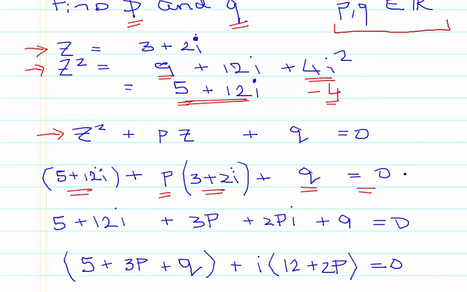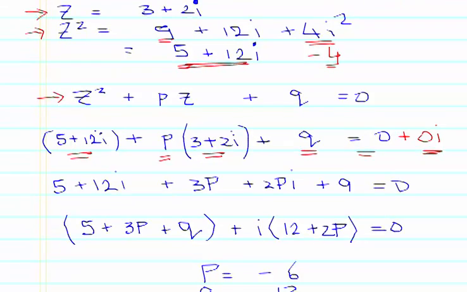Importantly, that is 0 plus 0i, which means the imaginary component is 0. So remember that for later on.